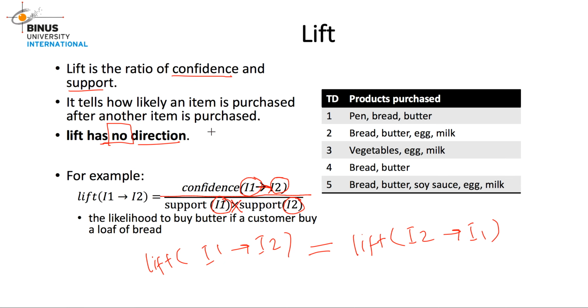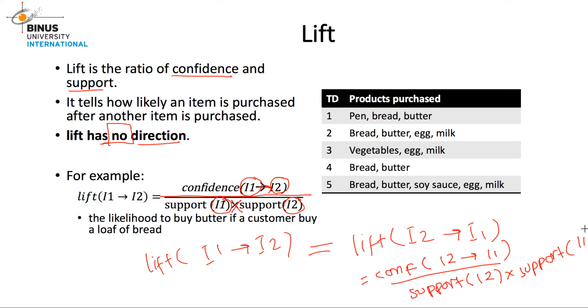So if you want to calculate the other direction, this is the same: the confidence of I2, then I1, divided by the support of I2, multiplied by the support of I1. So this is the same as this one.